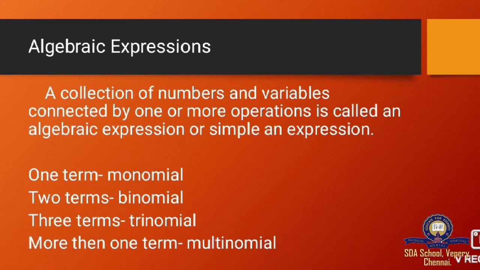A collection of numbers and variables connected by one or more operations is called an algebraic expression, or simply an expression. If it is one term, we call it a monomial, and if it is two terms, then we call it a binomial. Three terms, we call it a trinomial. If the terms are one or more, then we call it a multinomial.